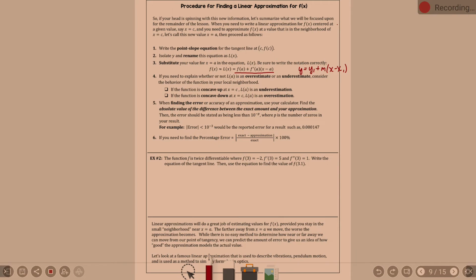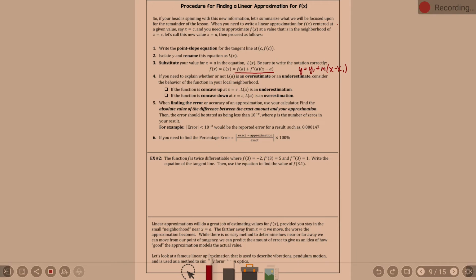When finding error or accuracy of an approximation, use your calculator. This is that error formula. Find the absolute value of the difference between the exact amount and your approximation. The error should be stated as less than 10 to some negative power, where p is the number of zeros in your result.